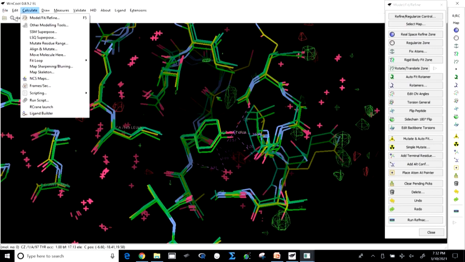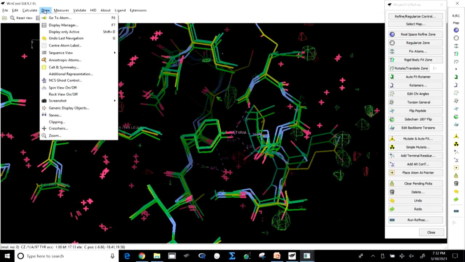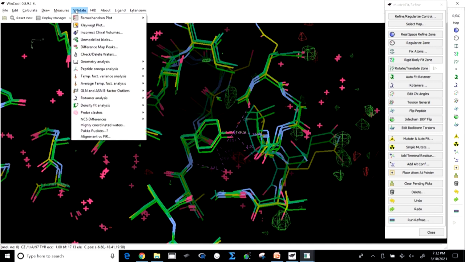You could perform a lot of operations through edit, through calculate. In the draw, you could have drawn a lot of views. In the measure, you could have put distance, angle, you could have labeled them, you could have put a pointer to measure the distance and all these things.